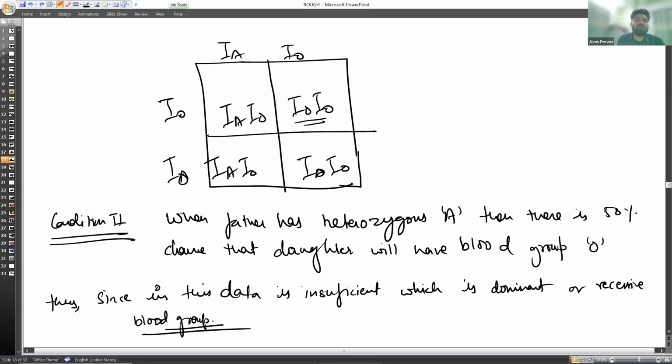In condition 2, there is a 50-50% chance that the daughter will have blood group O. So in this case, we cannot say the data is sufficient to tell which is dominant. Okay, got it?